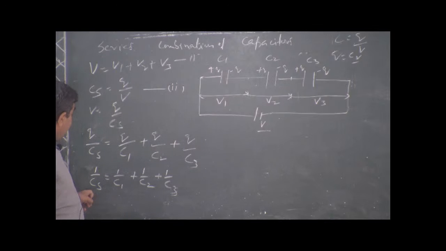So you can say the capacity decreases in series combination.